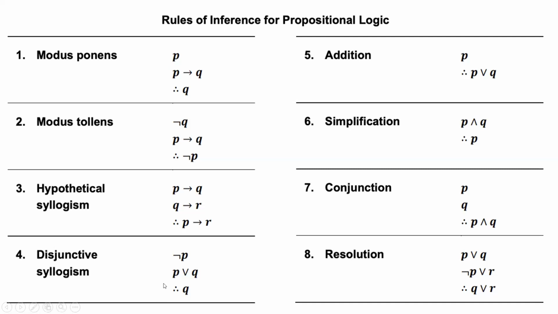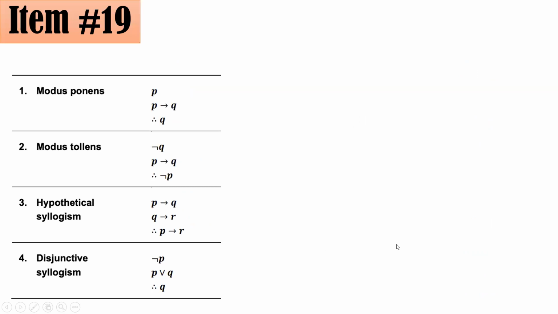Ngayong araw na ito, either ako ay kakain sa labas or mag-e-exercise. Yung nangyari, hindi ako kumain sa labas. Therefore, nag-exercise ako. Siyempre, in my dreams lang yun, no? So, that's disjunctive syllogism. And we also have other things, no? You could study addition, simplification, conjunction, and resolution.